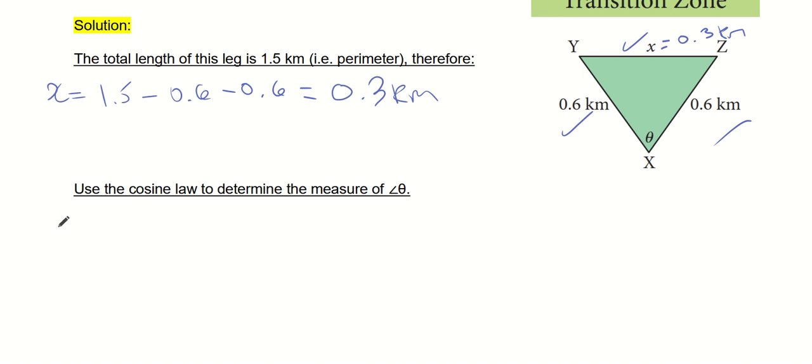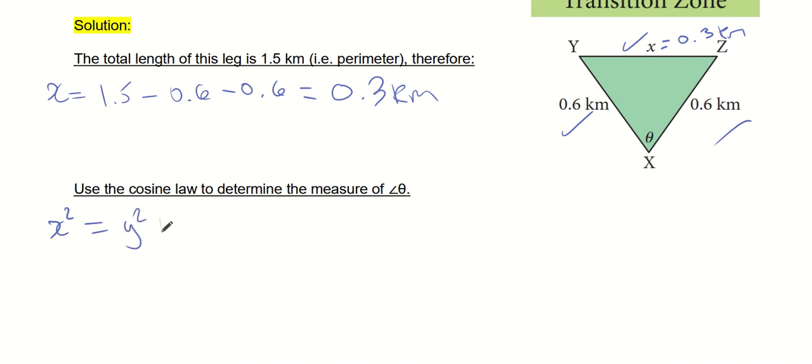I'm going to write out the cosine law. It's always good to write the formula out so you memorize it. You can pop in the numbers right away if you know your stuff, but it's good practice to write it out.